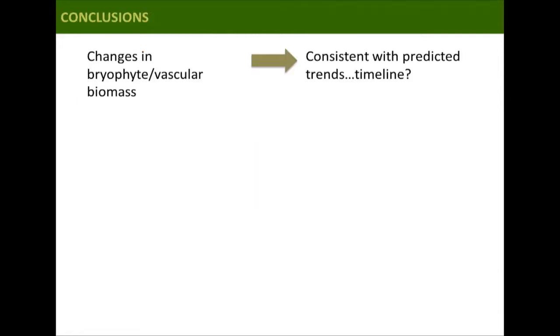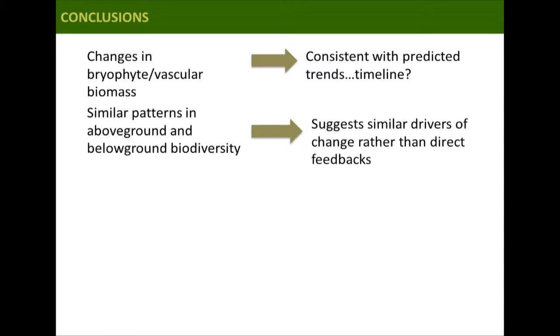The changes in the above ground plants were dramatic and apparent. They were consistent with the predictions, at least in terms of the trends, but they happened quite rapidly. Whether or not this is a realistic timescale, probably not. It's probably an artifact of the experimental design and being in a mesocosm. We thought that they would have cascading effects into the below ground.